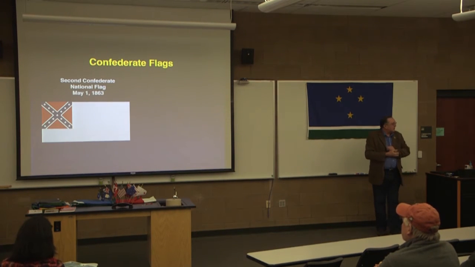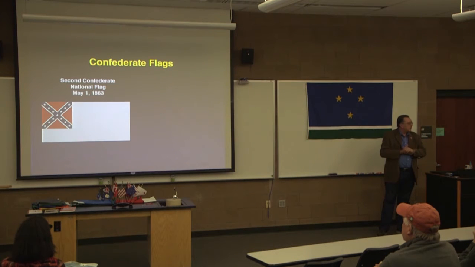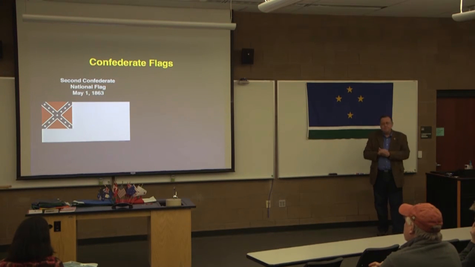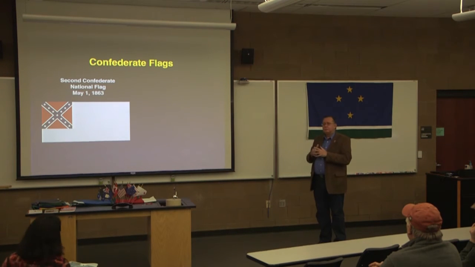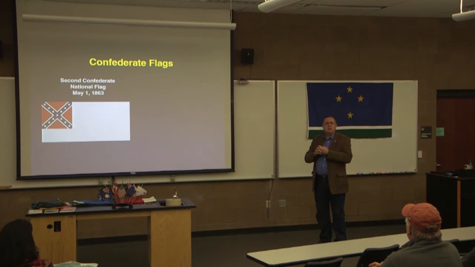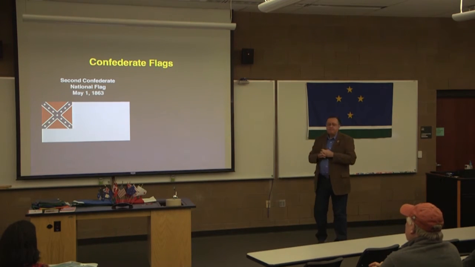Then, May 1st, 1863, they came up with the second Confederate national flag. This flag was all white, with the battle flag. Some people say it had nothing to do with it, or it was a national flag. Well, technically, the second one incorporated it.